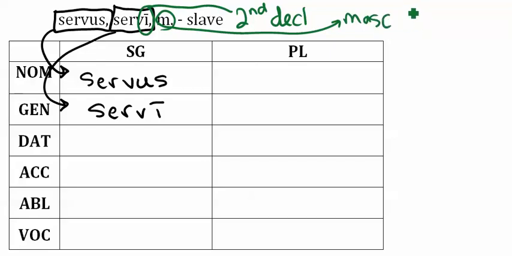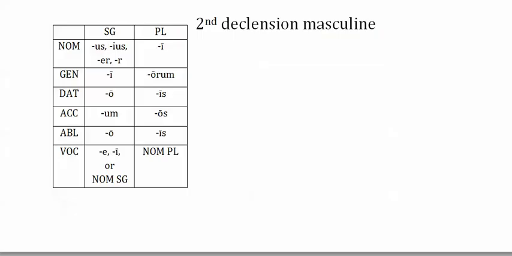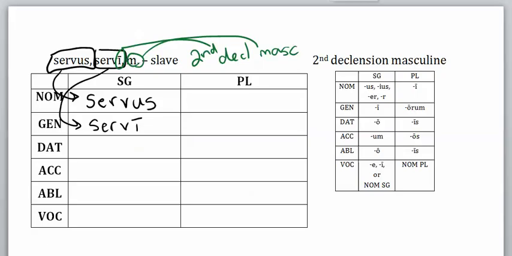Okay, let's look at that second declension masculine chart again. Voila, second declension masculine. Don't forget, this is the chart that's kind of a pain because we've got several different options in the nominative singular, which correspond to different options in the vocative singular. Let's go add this to what we were already doing.